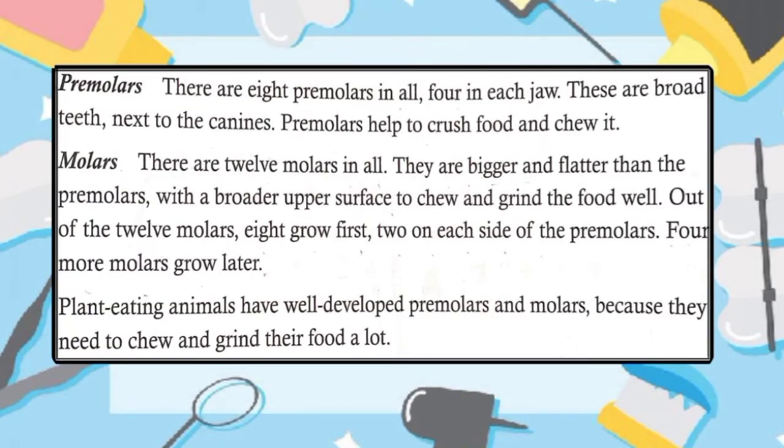Now next type is premolar. There are 8 premolars in all, 4 in the upper jaw and 4 in the lower jaw. These are broad teeth. Next to the canines, premolars help to crush food and chew it.